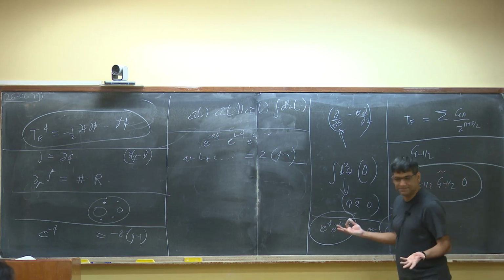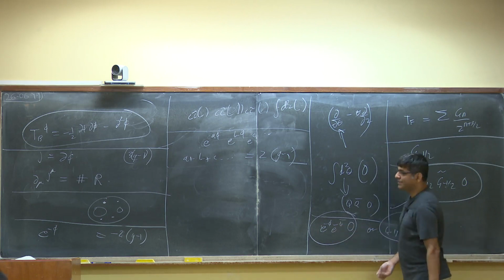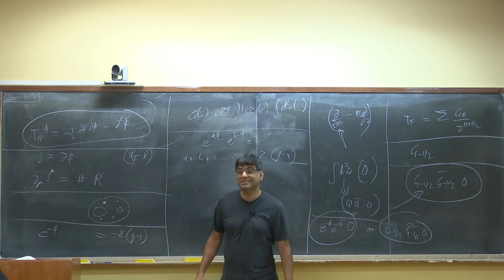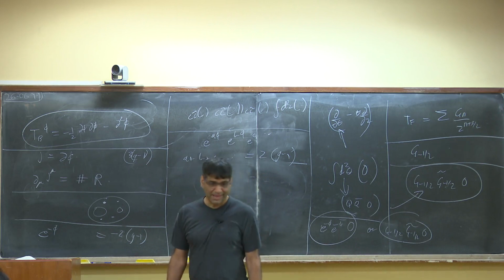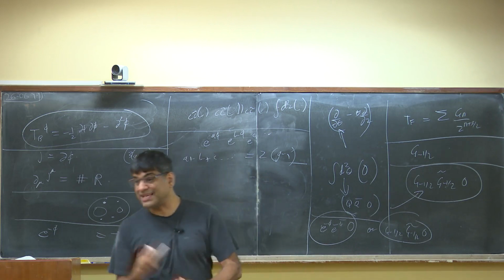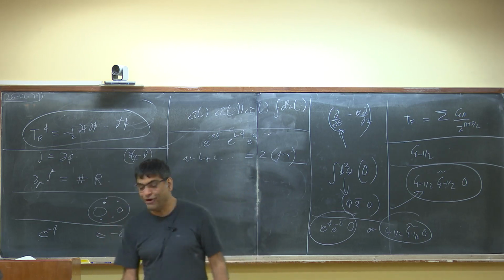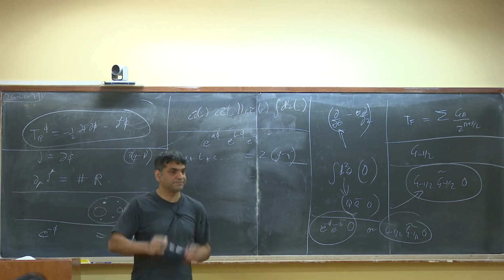Is this clear? Okay. In a similar manner, it would tell you that on the torus, the total number of unintegrated vertex operators has to be 0. Okay? And it would now start demanding negative numbers of unintegrated vertex operators on higher genus surfaces.